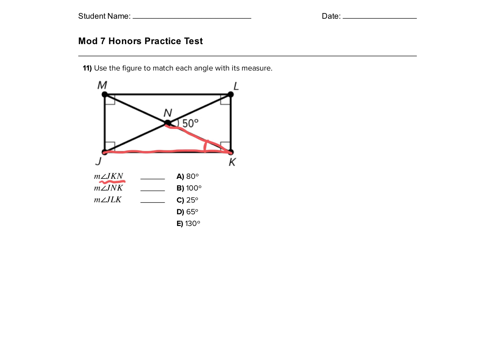But what we can do, based on our 50 degrees here, is these are supplementary angles. So if this angle's 50, this angle's 130. And if you remember, with a rectangle, the diagonals are congruent.